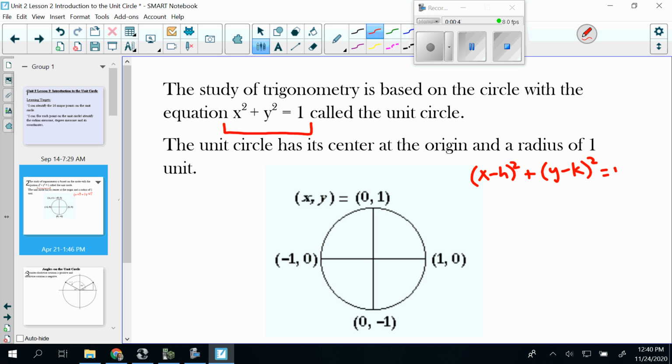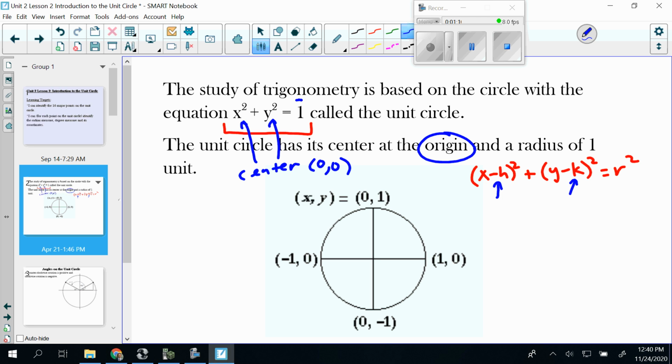Well, here, if we don't see any numbers being added or subtracted from x or y, that means the center of the unit circle would be 0, 0. So it's always going to be centered at the origin.